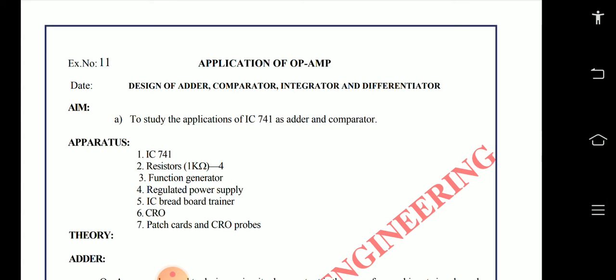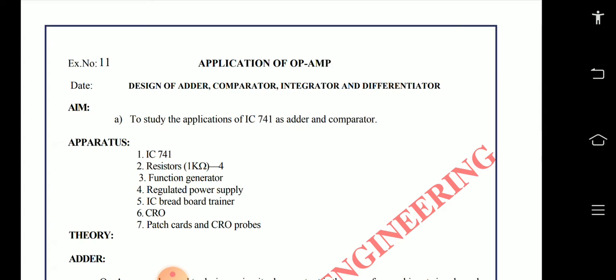Today I am going to teach another application of an op-amp, that is the adder and comparator, by using our op-amp. The ultimate aim of this experiment is to construct the adder and the comparator, and for that we require some apparatus.